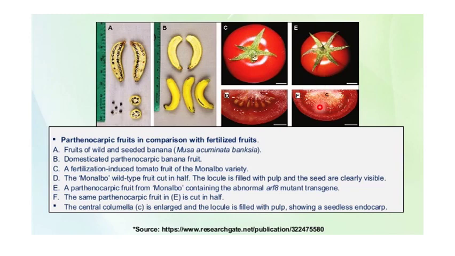When we cut it in half, we can clearly see that the central columella, represented with C, is enlarged as compared to the Monalbo, which is fully fertilized. And here the locule is filled with pulp, but no seeds are present, showing a seedless endocarp. This is the comparison between parthenocarpic fruit.